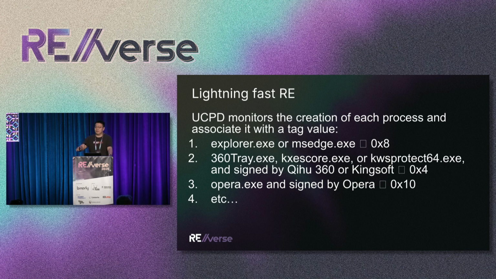And for the second class, if it is 363.exe or kexescore.exe, and also signed by Qihoo or Kingsoft, then it gets a tag value of 4. And also the Opera browser, if it's opera.exe and signed by Opera, it gets a tag value of 10. And there are other things that are not covered here today.